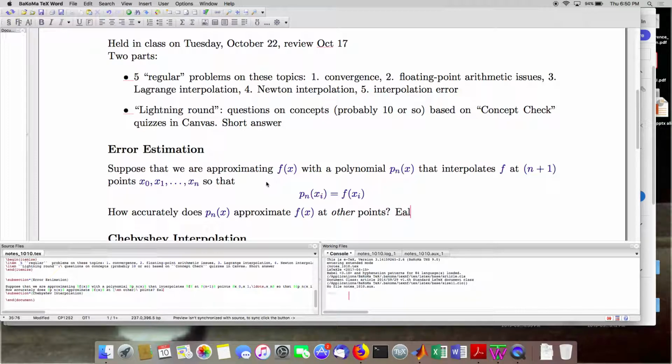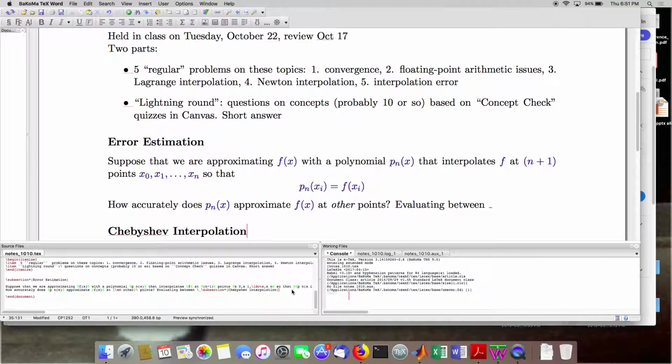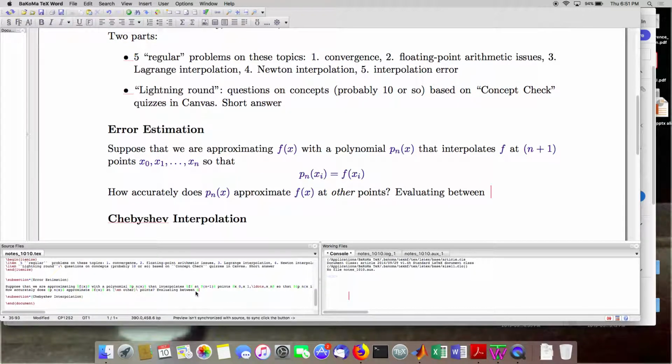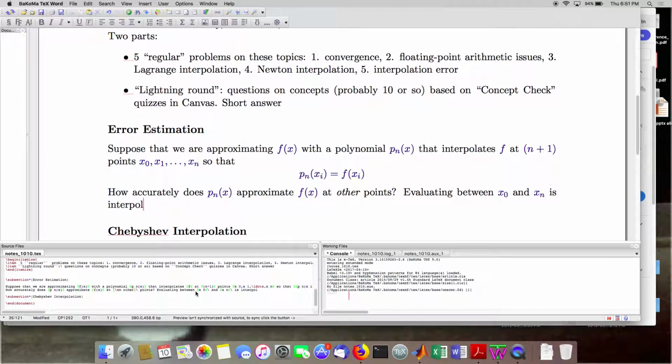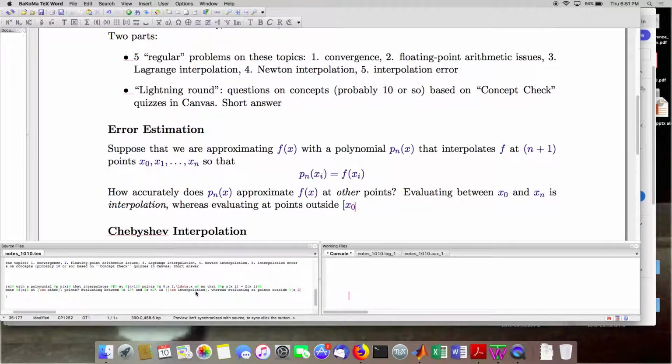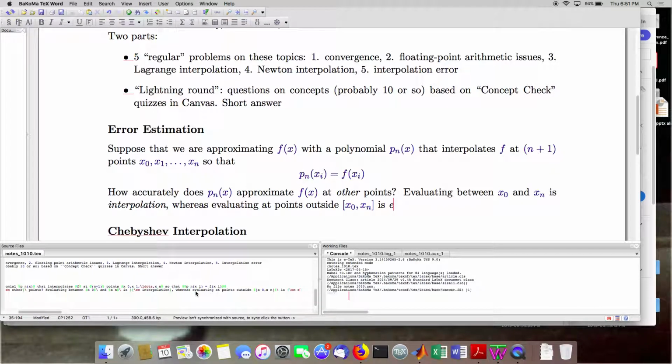So let's suppose that these points are in increasing order. So evaluating between x0 and xn is interpolation. Whereas evaluating at points outside the interval x0, xn is extrapolation.